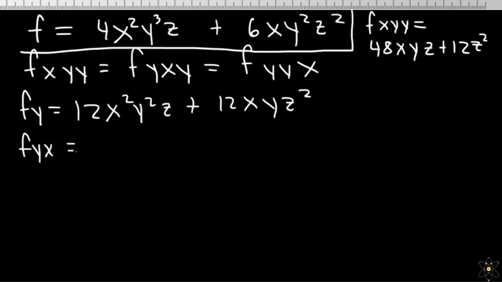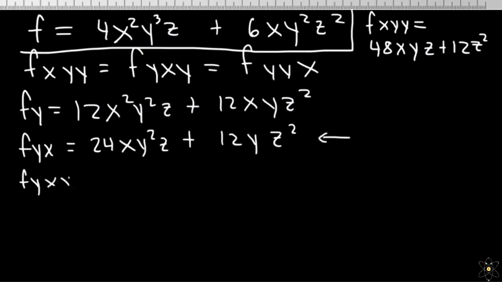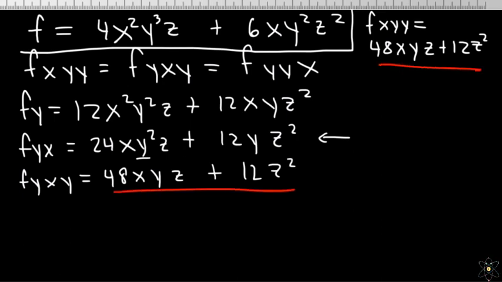The derivative of x squared is 2x, so 12x squared is 24x times y squared z. And the derivative of 12x is just 12y z squared. Now let's differentiate this one with respect to y. So the derivative of y squared is 2y times 24, so that's 48xyz plus the derivative of 12y is 12. So notice that these two are the same.